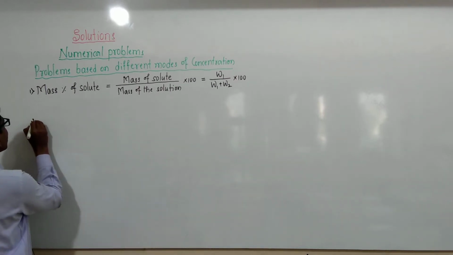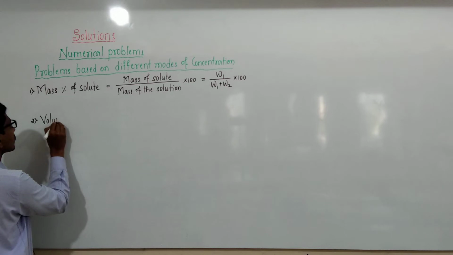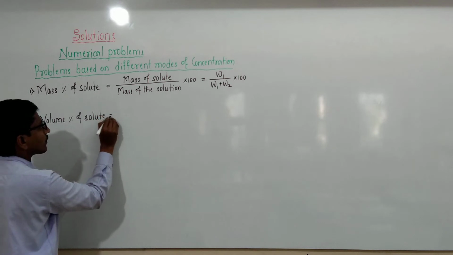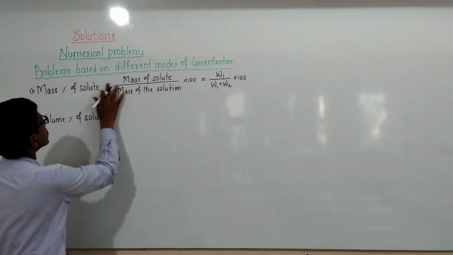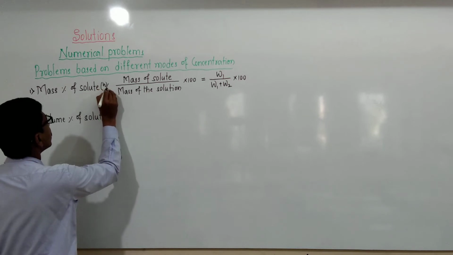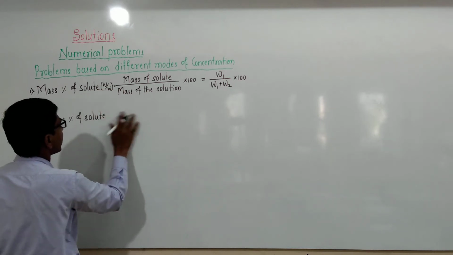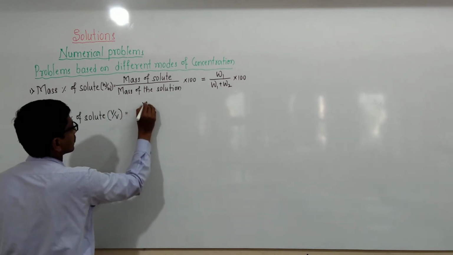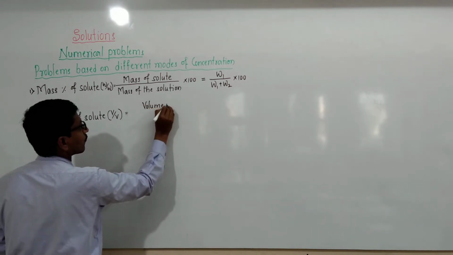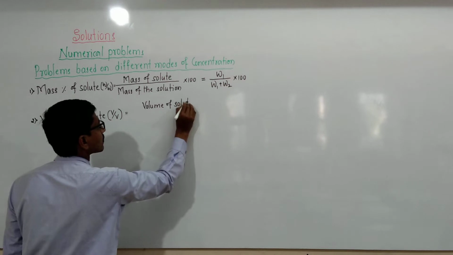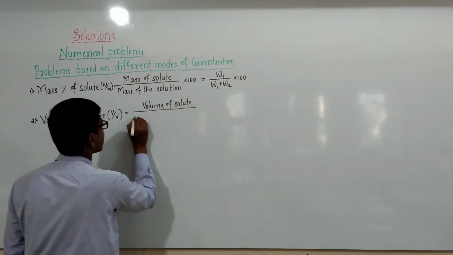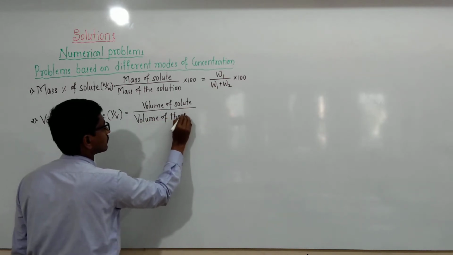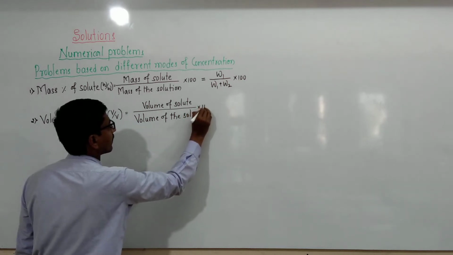Second concentration term is volume percentage of solute, and this is also represented as V by V, volume by volume percentage, is equal to volume of solute divided by volume of the solution into 100.